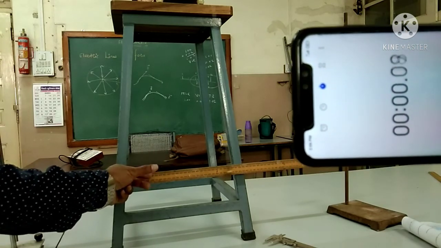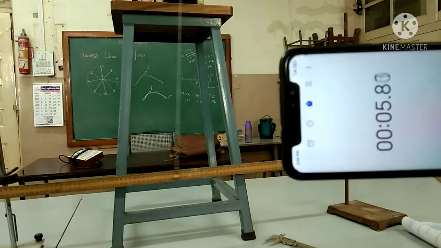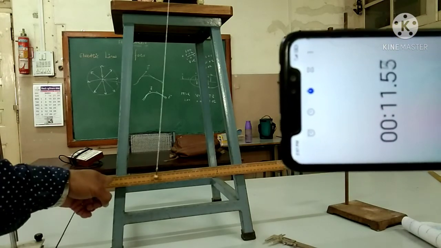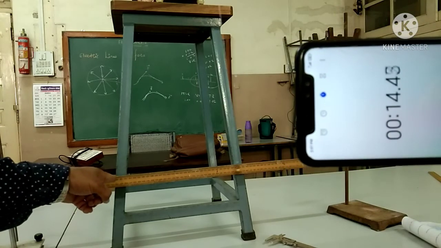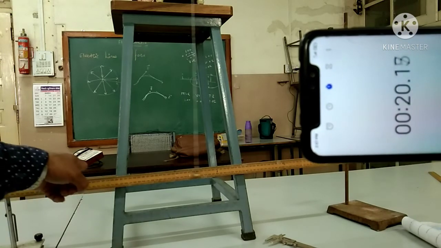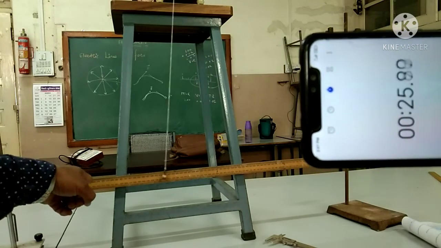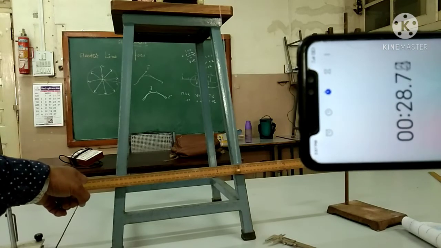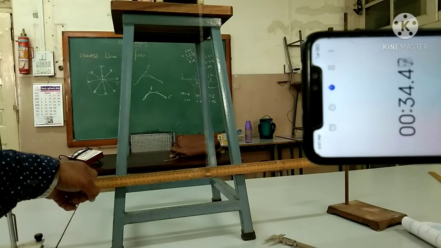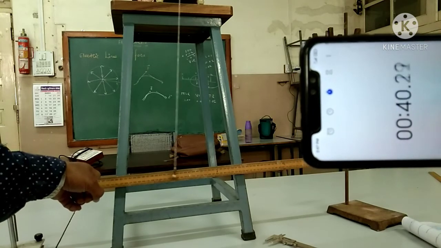See, start. 1, 2, 3, 4, 5, 6, 7, 8, 9, 10, 11, 12, 13, 14, 15, 16, 17, 18, 19, and 20.